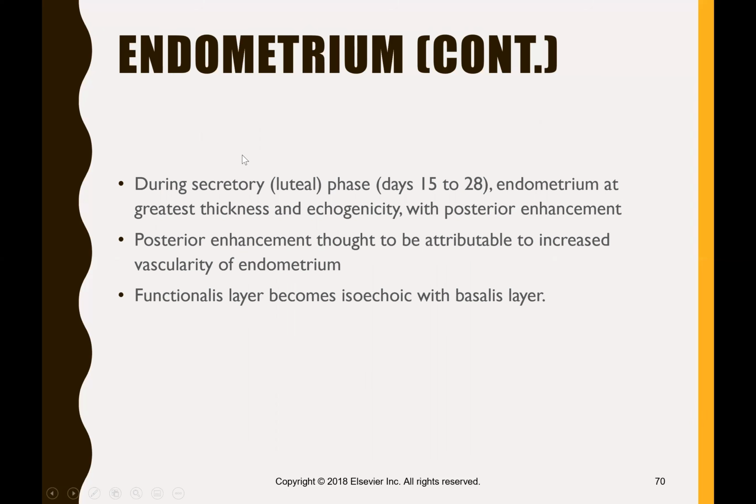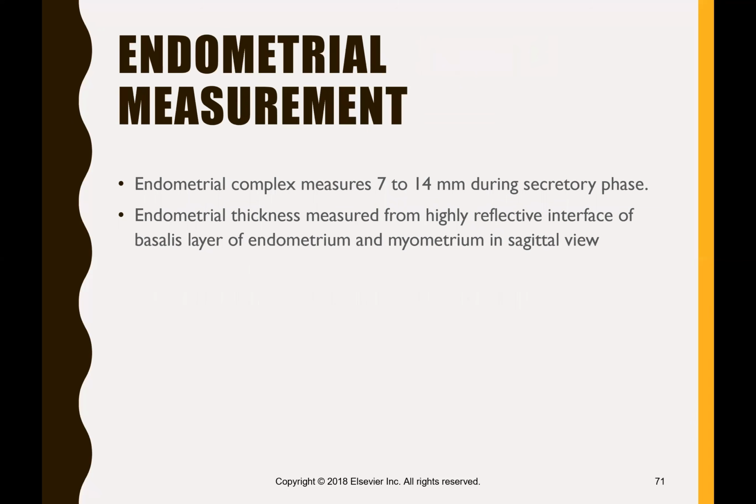Day 15 through 28 is the secretory phase, or the luteal phase in the ovarian cycle. And this is when it reaches its greatest thickness and echogenicity. The endometrium is going to be 7 to 14 millimeters, which you'll need to know, that 14 millimeters is the cutoff of normal during the secretory phase.